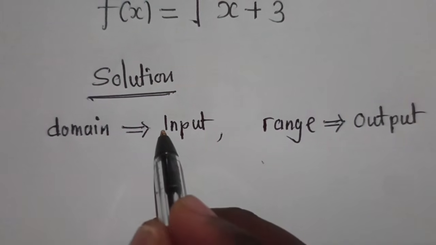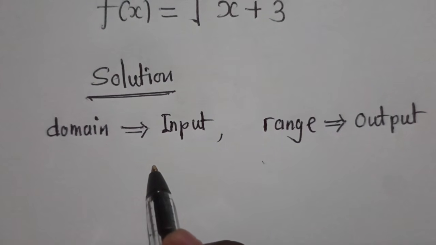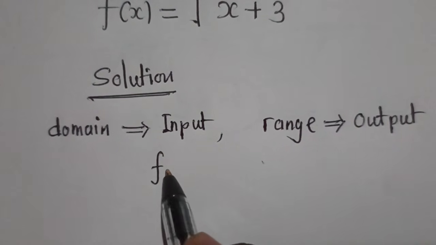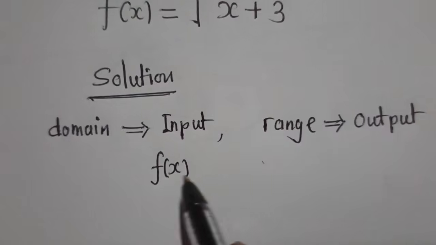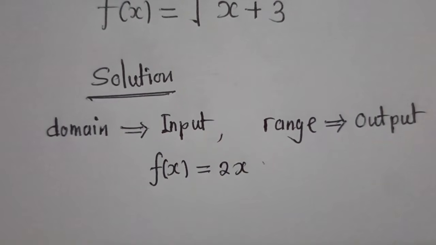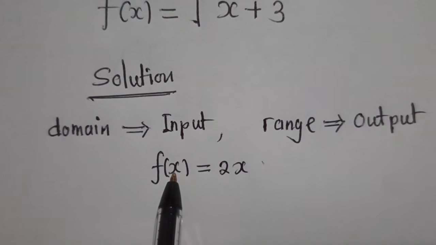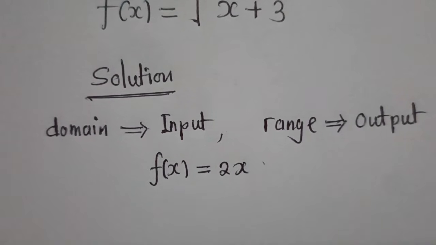Now look at this. When you've got f of x is equal to 2x, okay? And they ask you to find the domain. So the domain will be any number that when you plug in here and here, it gives you something.